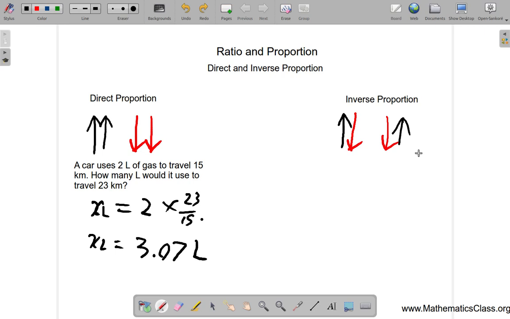Now, an example of inverse proportion. When you get these examples of inverse or direct proportion, you're not necessarily told whether it is an inverse or a direct proportion. You just have to think about the scenario and the situation. Say, for example, let me put this example here.